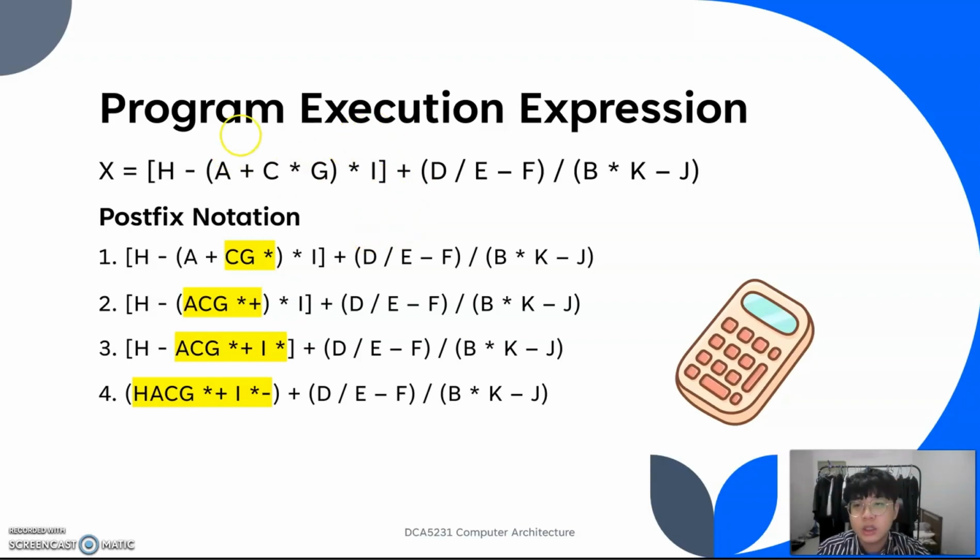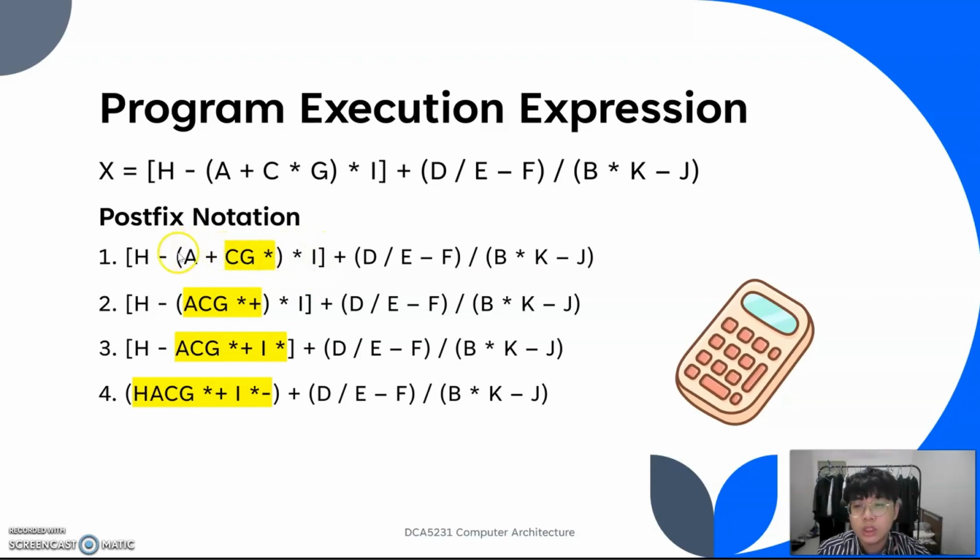So we do the a plus c multiple g first. We do the multiple first and put the multiple behind the g. So line 1 will be h minus a plus cg multiple I.